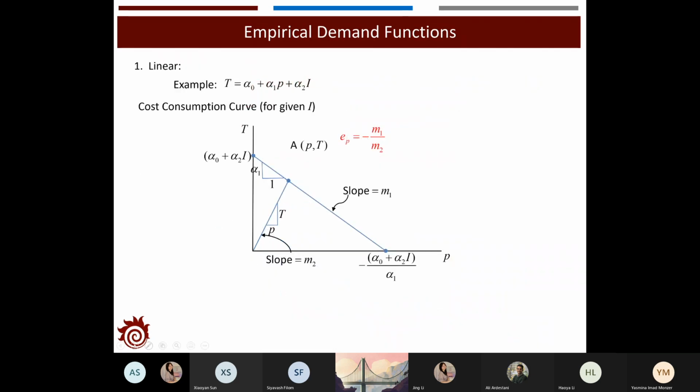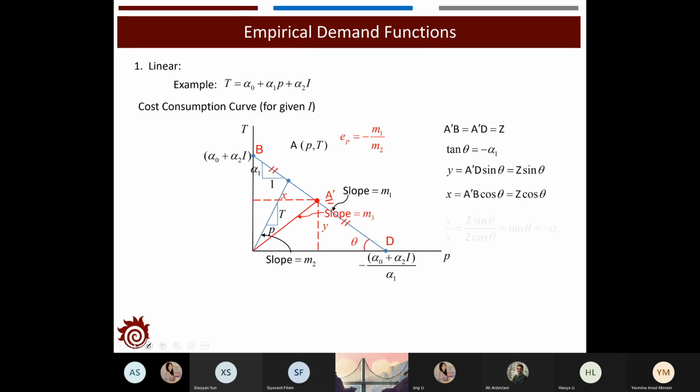And if you consider the point A prime as the midpoint of this line, you can quickly derive that. I will just skip the derivation steps. You can quickly find that the slope from O to A is minus alpha 1.